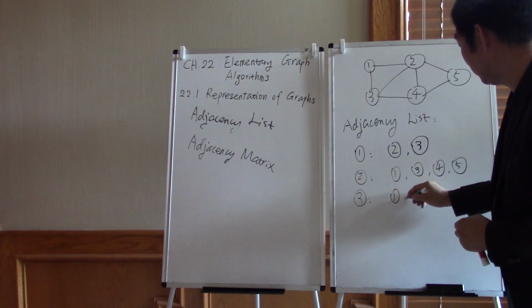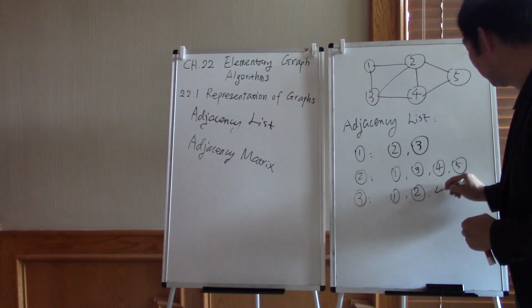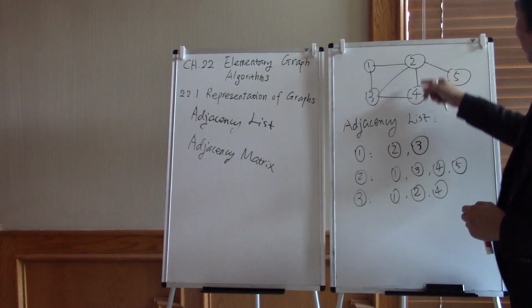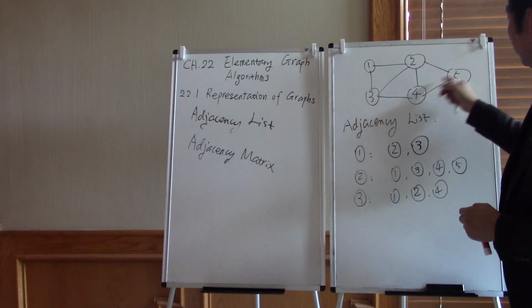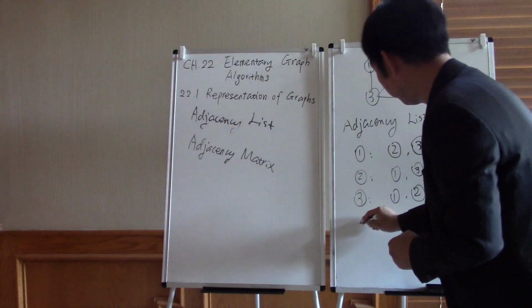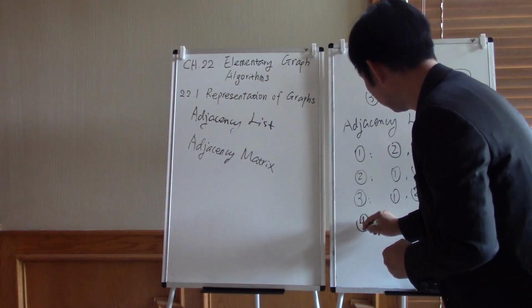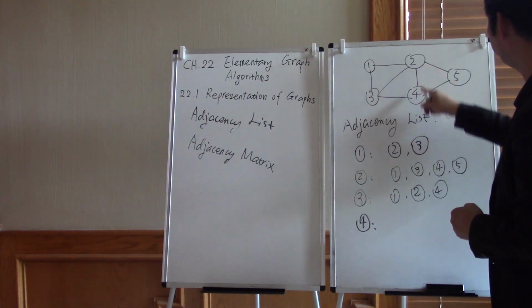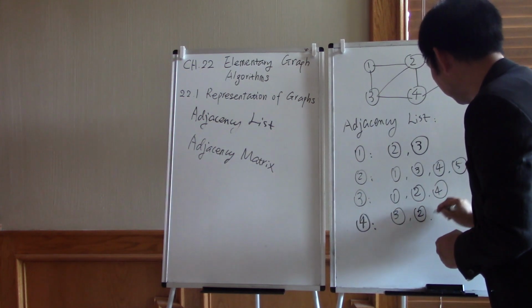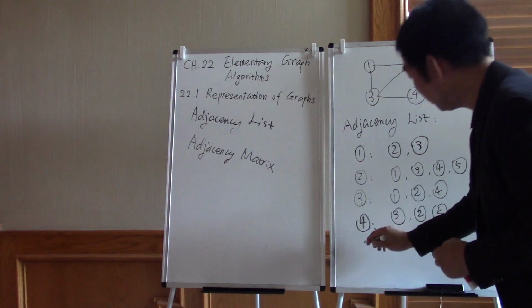Node 4 has 3 neighbors: 2, 3, and 5. The order does not really matter, so for node 4 it's 3, 2, and 5.